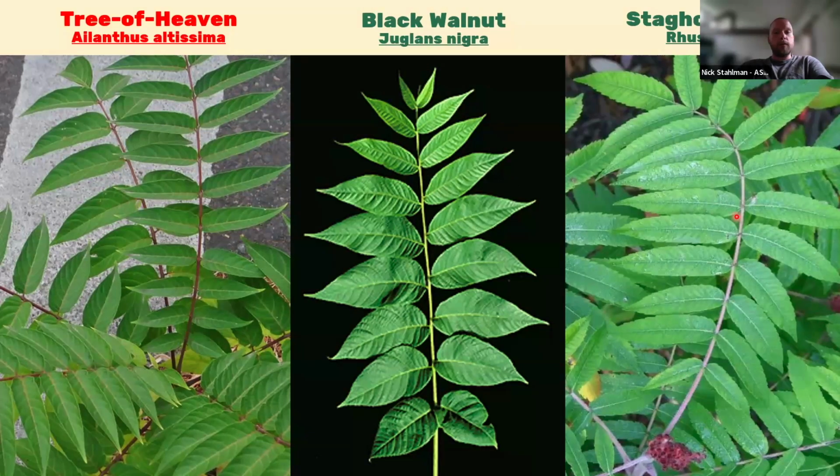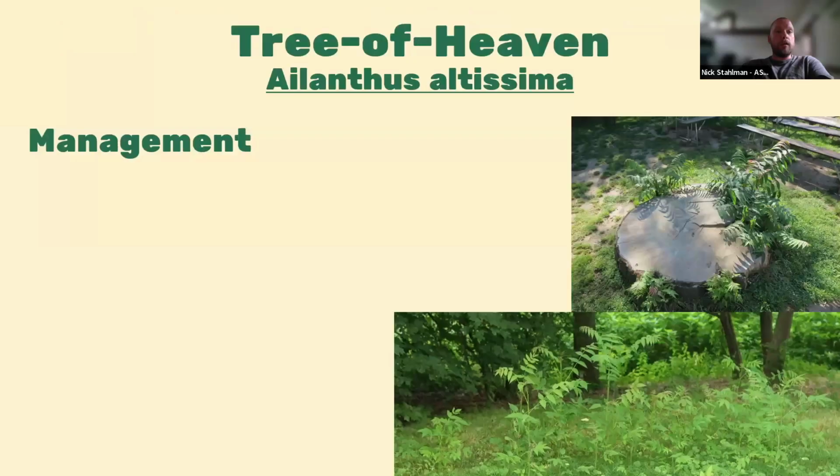Staghorn sumac's twigs are also covered in fine hairs, so that's a useful trait to look for. But black walnut, Tree of Heaven, and staghorn sumac can all grow in the same place. Staghorn sumac is a great alternative for Tree of Heaven. It's going to be just as adaptable to soil conditions, and it's great on hillsides. So if you've got a Tree of Heaven, you might be trying to think of what you can do.